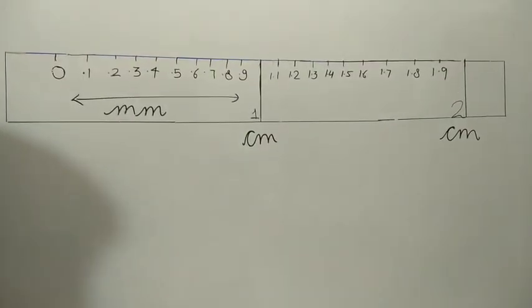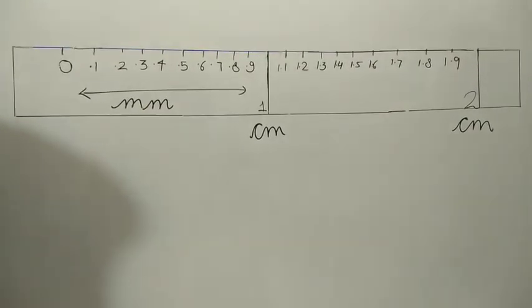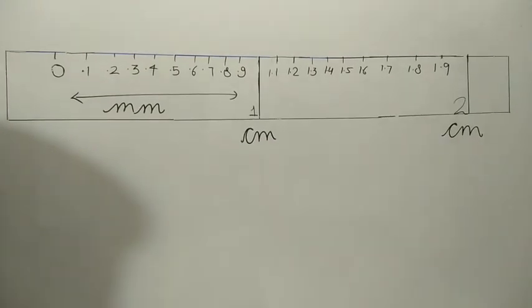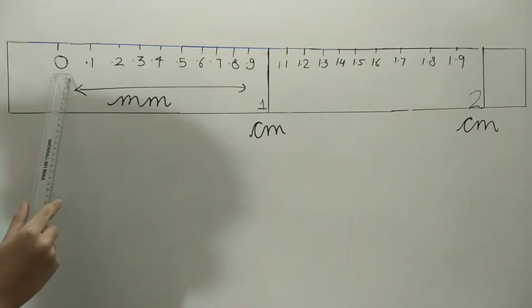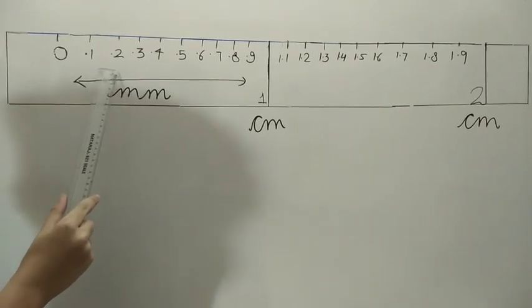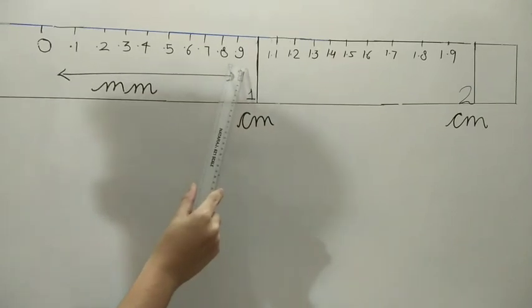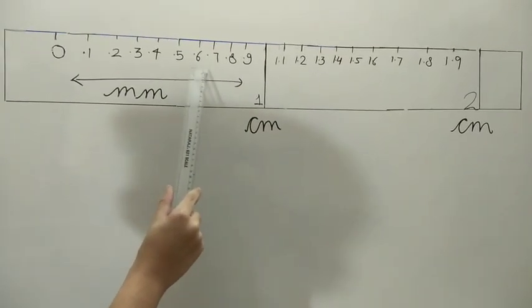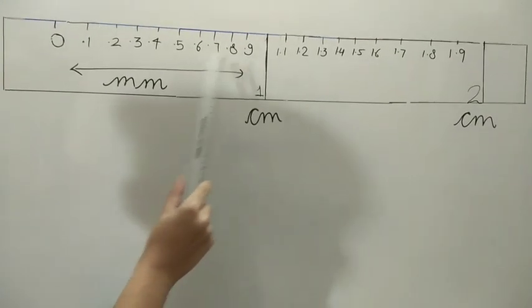Now students, look here, I have drawn a diagram of this ruler and I will show you which numbers are called centimeter and which are millimeter. Now look here, from 0 these points are starting and how many lines between them? 9: 0.1, 0.2, 0.3, 0.4, 0.5, 0.6, 0.7, 0.8, 0.9 and the 10th line is at 1.